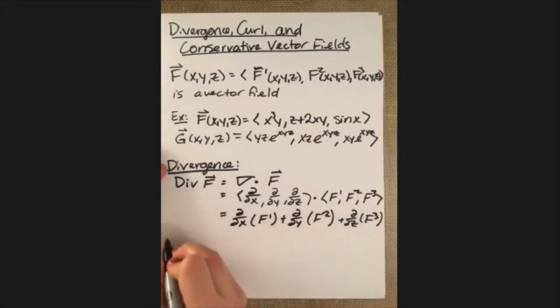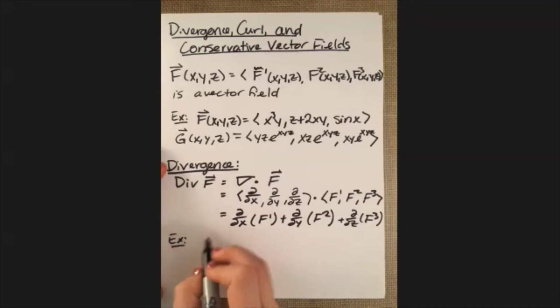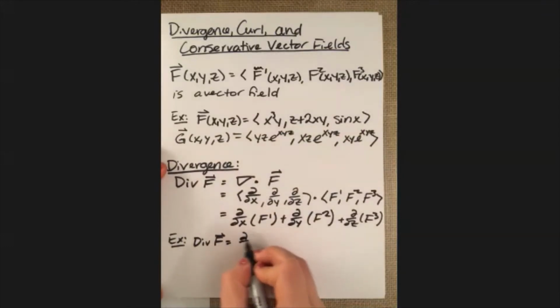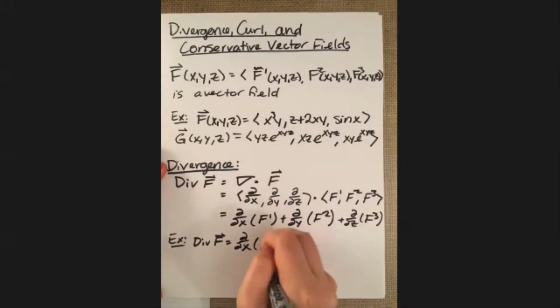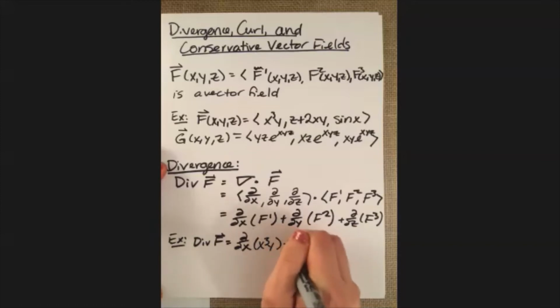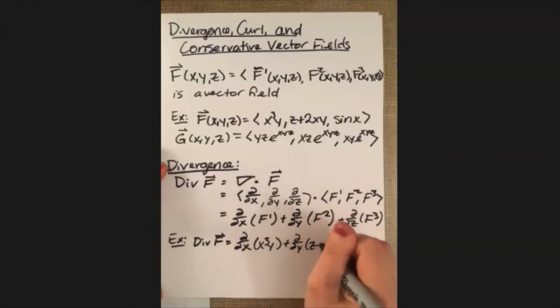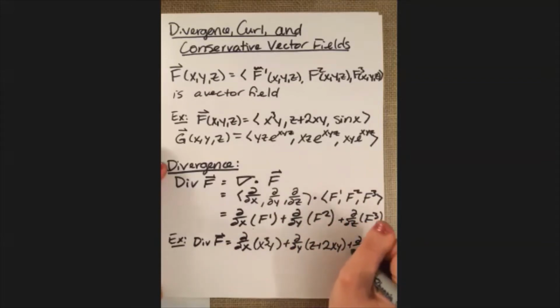So that is divergence. As an example of computing it, if we wanted to find the divergence of our vector field F that we had up here, this is equal to partial with respect to x of x cubed y plus partial with respect to y of z plus 2xy, and then plus partial with respect to z of sine of x.